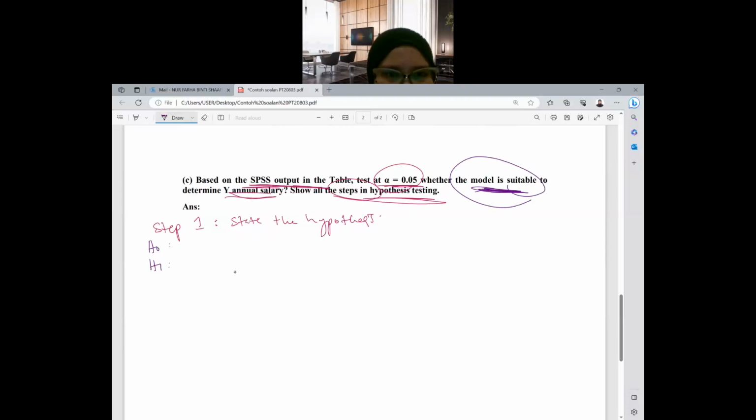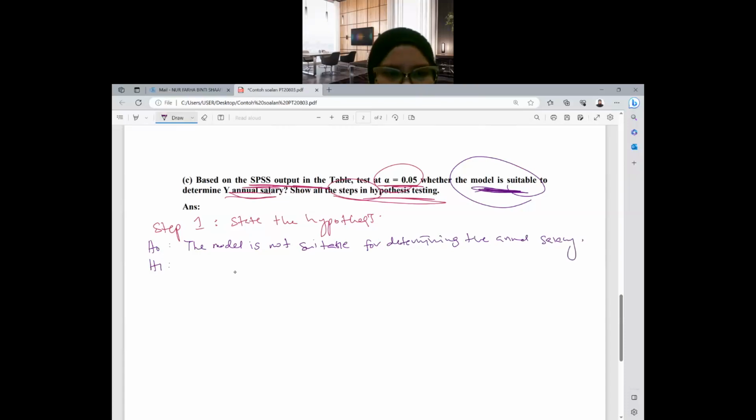So the first one, the null hypothesis: the model is not suitable for determining the annual salary.